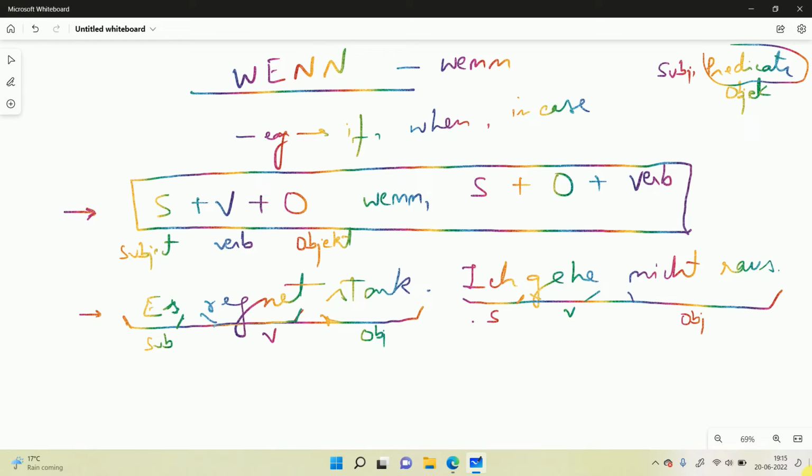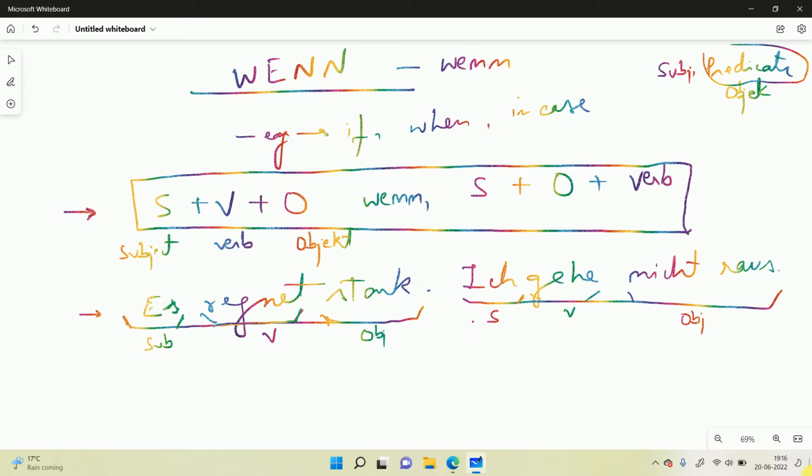Okay, so let us try to apply this formula. We are going to use when. The first sentence will be subject, verb and object, and then comes subject, object and verb, right? There are two possibilities actually. You can put either sentence in the front and the other in the second part, and vice versa.